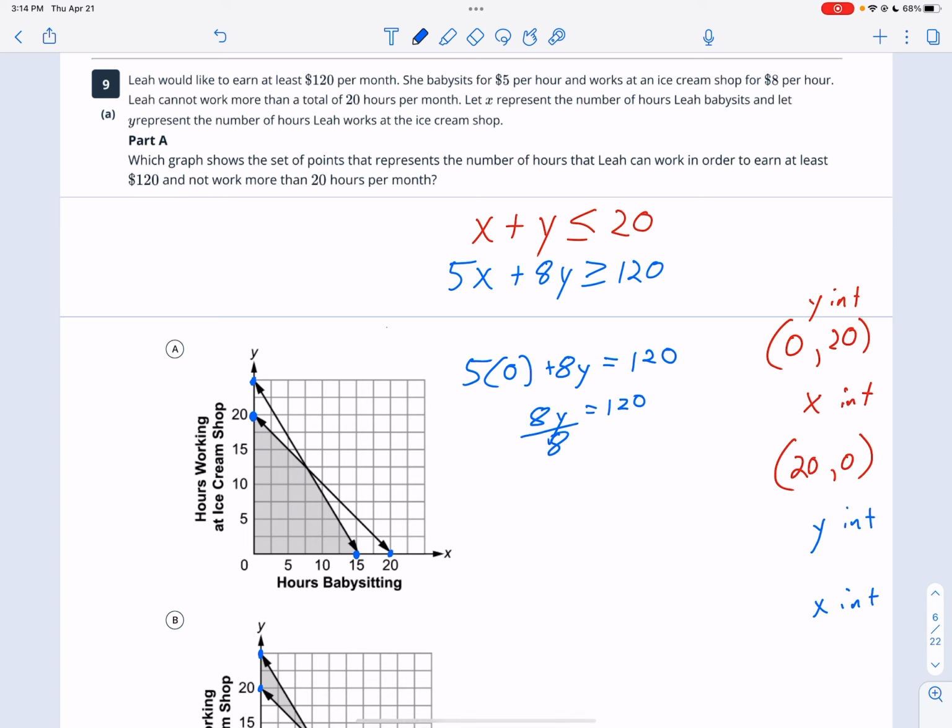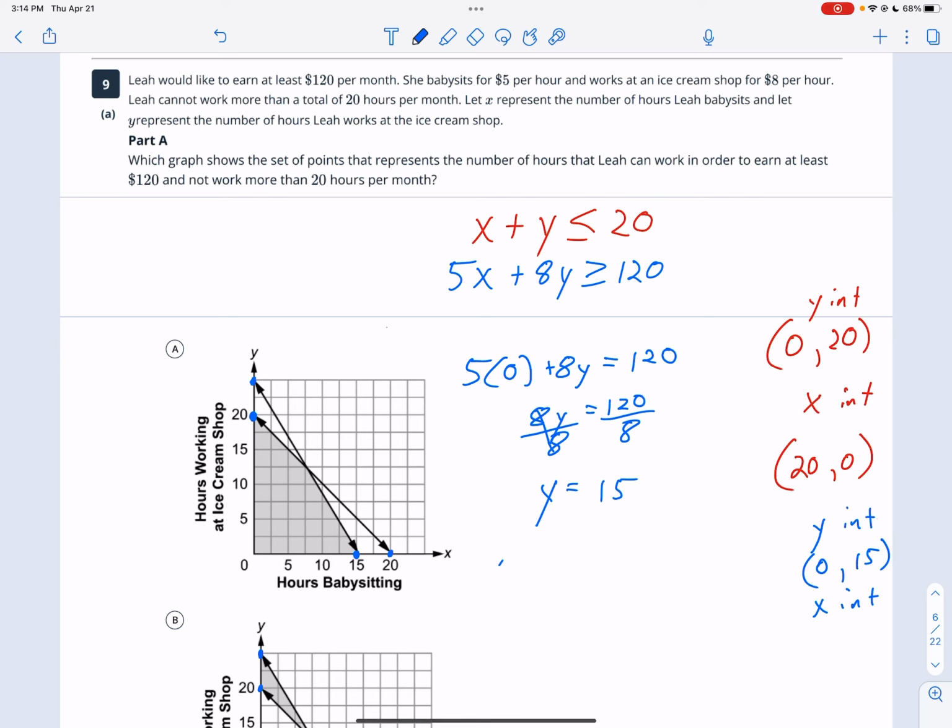Divide both sides by 8. Y is equal to 120 divided by 8. All right, 12 divided by 8, it goes in there one time with a remainder of 4. And then 4 and a 0 give you 40, so it goes into 40 5 times. Or you can throw it into a calculator, because you should have access to that. So y is 15. So when x equals 0, y is 15 for the blue line.